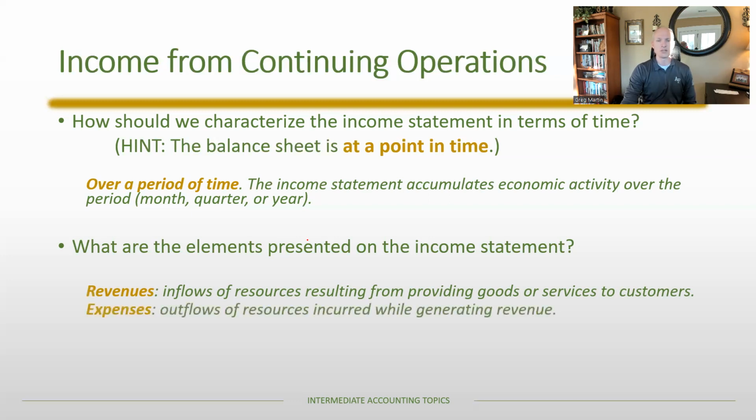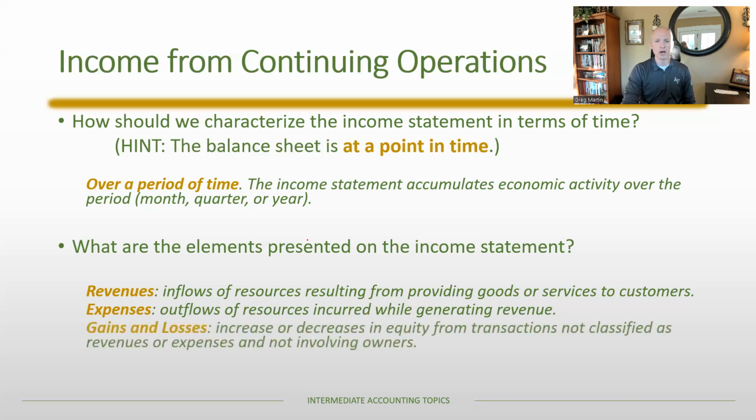Expenses are outflows of resources that you incur while generating revenue. Those 2 things are matched up together in terms of the economic activity. In other words, what are you doing in providing goods and services, and what are the costs that you're incurring in order to provide them? Those are your revenues and expenses.